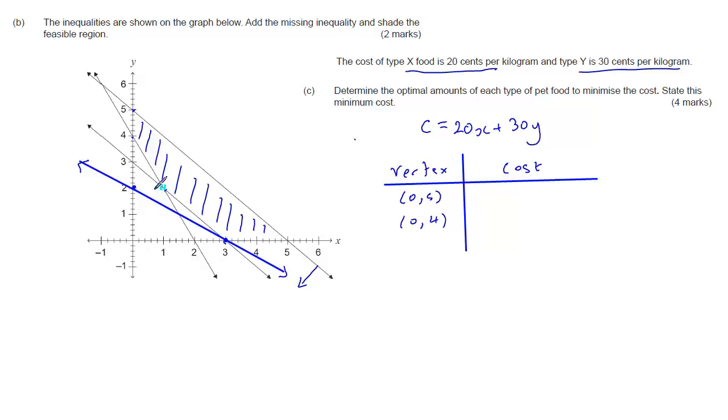Then we've got this one here, which is at 1, 2. Then we've got this one here, which is at 3, 0. And finally, we've got this one over here at 5, 0.